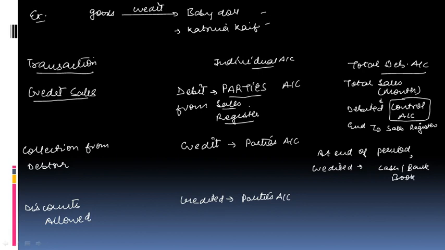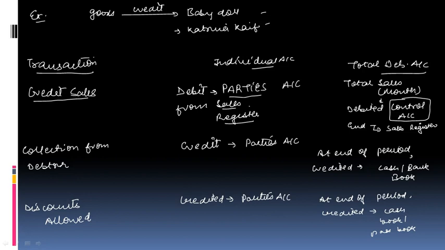And if something has been given, so again at the end of the period, whatever the total discounts which you have given, at the end of the period they are credited to the cash book or passbook, whatever the situation is going to be.